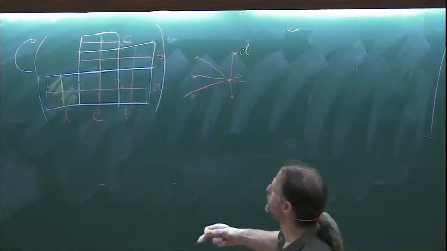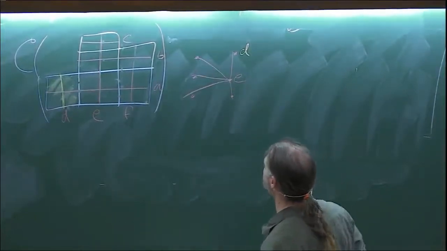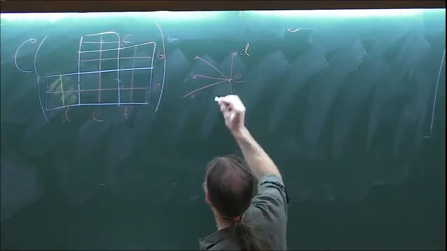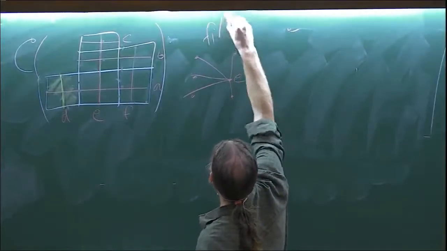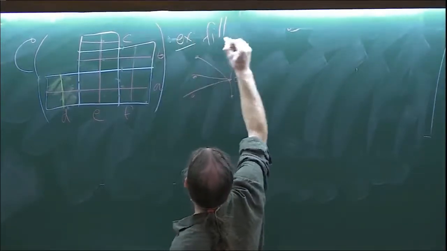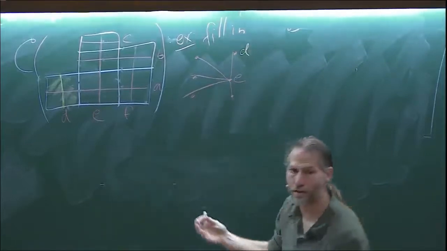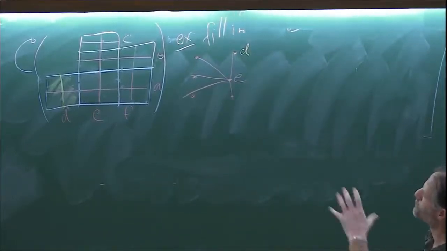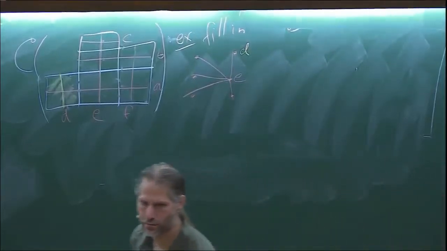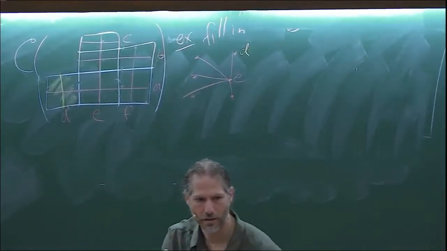I won't draw the whole thing, but there's more edges to put in here. So here's an exercise, fill this in. Figure out exactly which are there, and it's almost all the edges. There's maybe 2 or 3 or 4 that are missing.